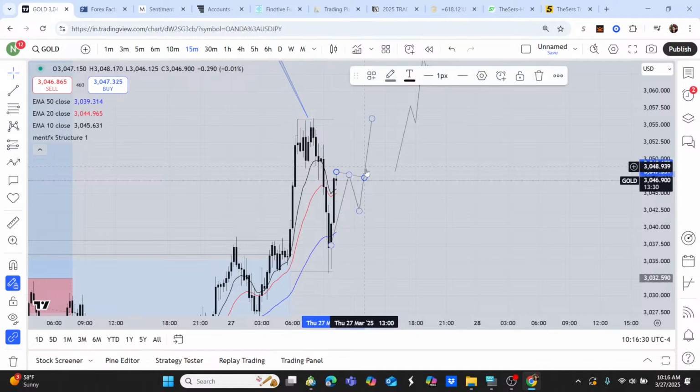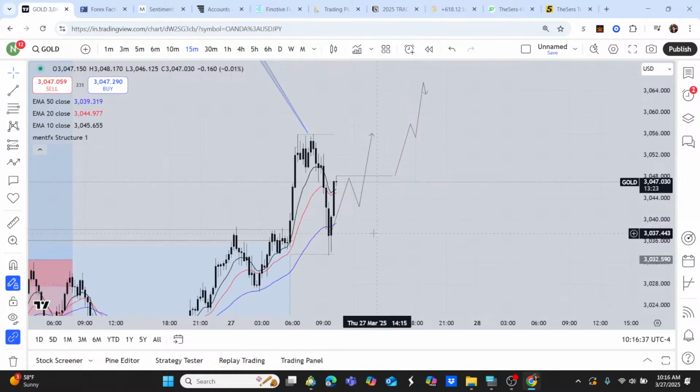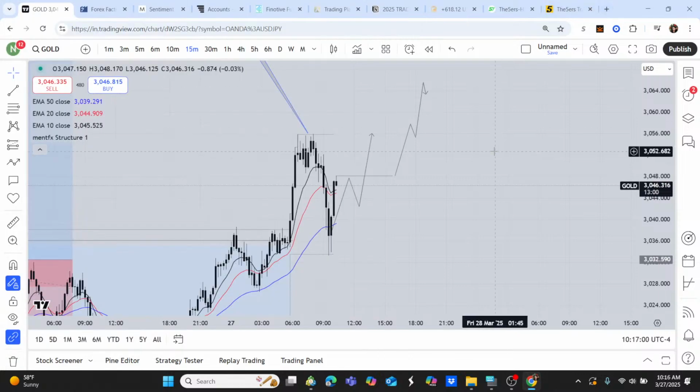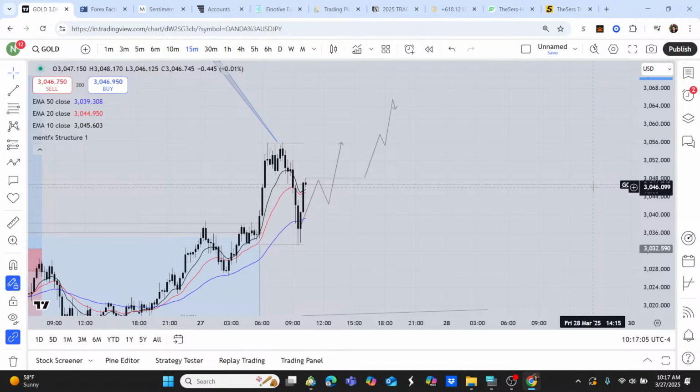I have to wait for another candle to print before taking out that high, before looking to place the buy stop above it. Just a waiting game.